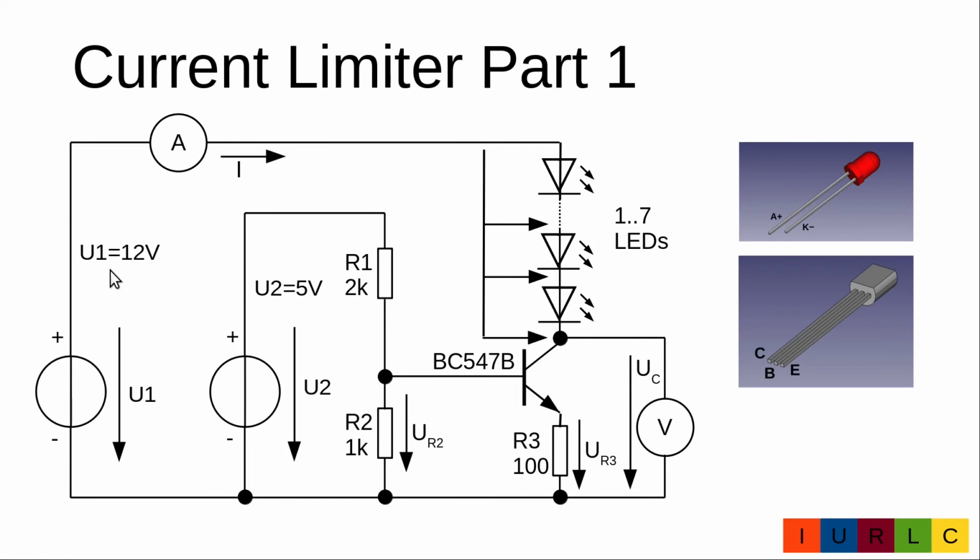In our last measurement we will have a supply voltage of 12 volt and we'll put it first directly to the collector and then through one diode, through two diodes in series and so on up to 7 diodes in series. And we will measure the voltage at the collector and we will measure the current into this LED string.